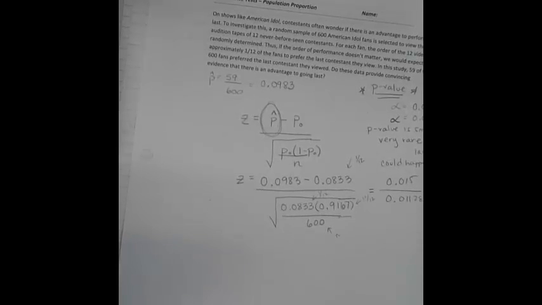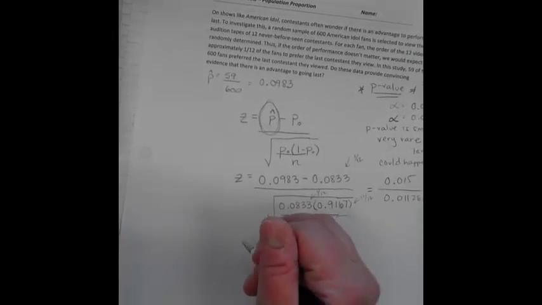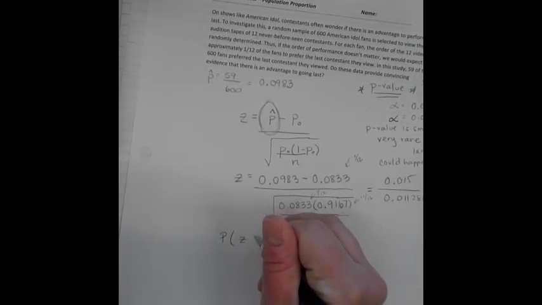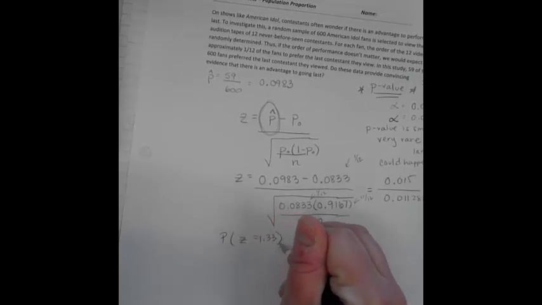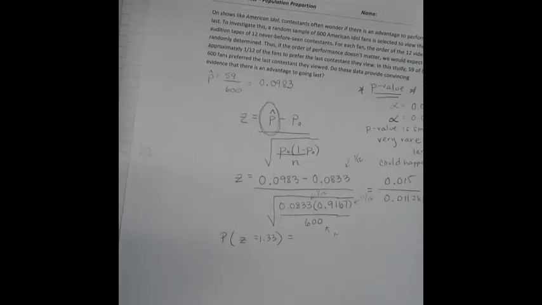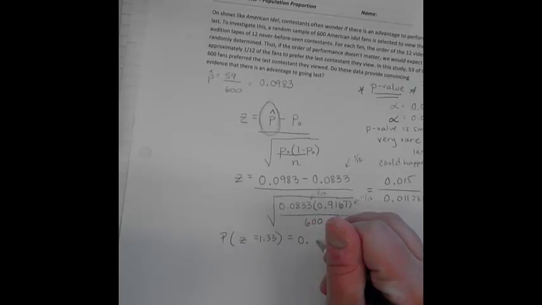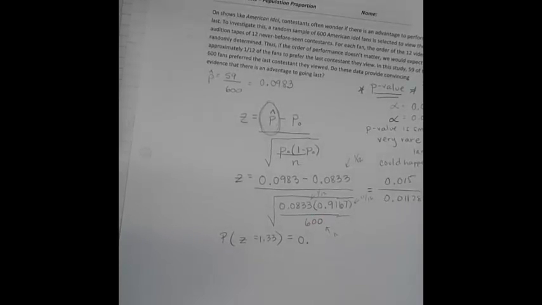So if Z equals 1.33, find the probability. So what did it equal, Caleb? 1.32963, so 1.33. Okay, what was the Z?